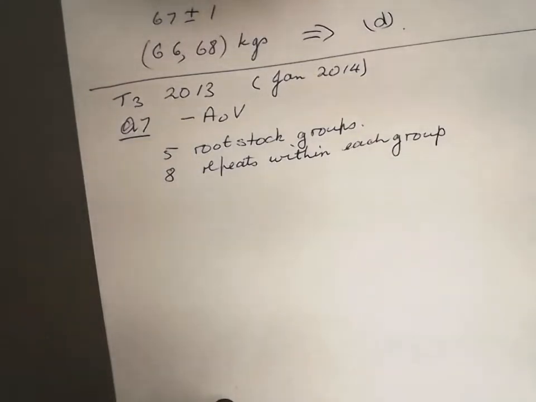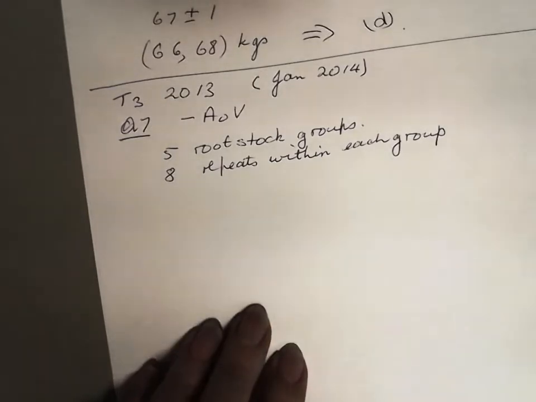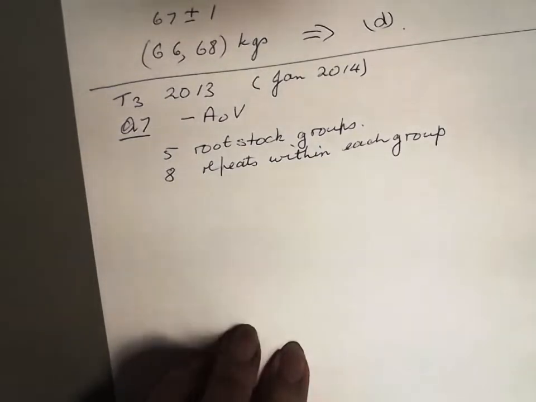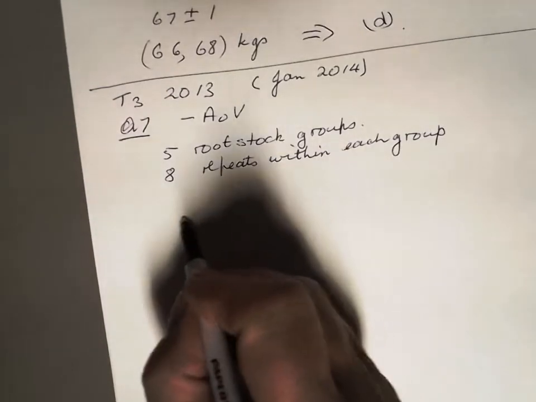The first part of the question presented the students with part of an analysis of variance table, and they had to calculate the missing F statistic. So I will draw on the paper what they were given and show you how to fill in the rest of it.